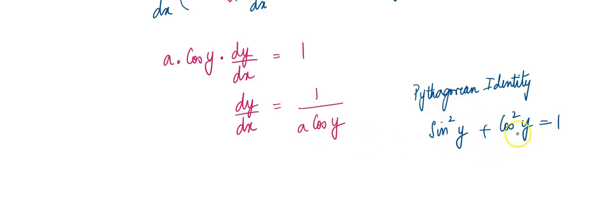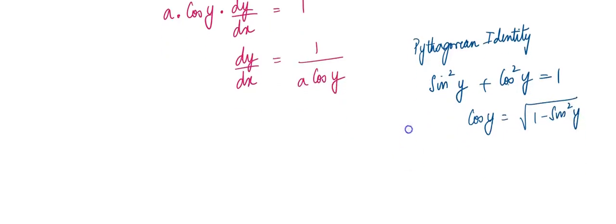So from this, you can solve for cosine y because that's what we need to substitute. So cosine y will be the square root of 1 minus sine squared y, isn't it? You first subtract the sine squared y and then you take the square root. Usually it'll be a plus or minus there, right?